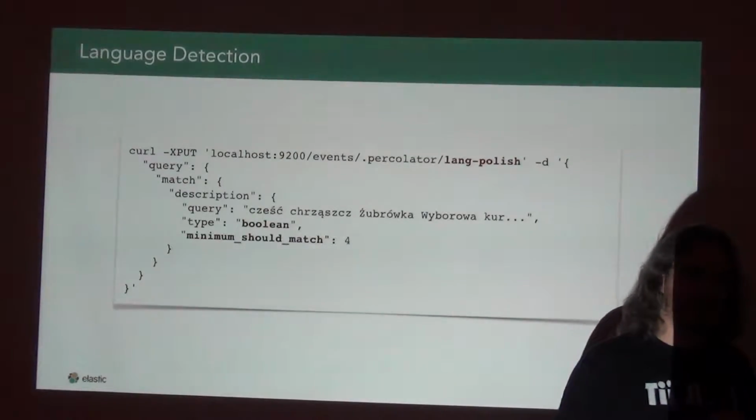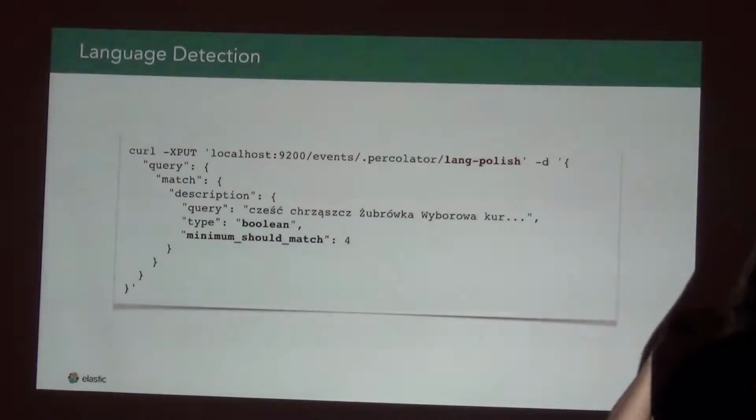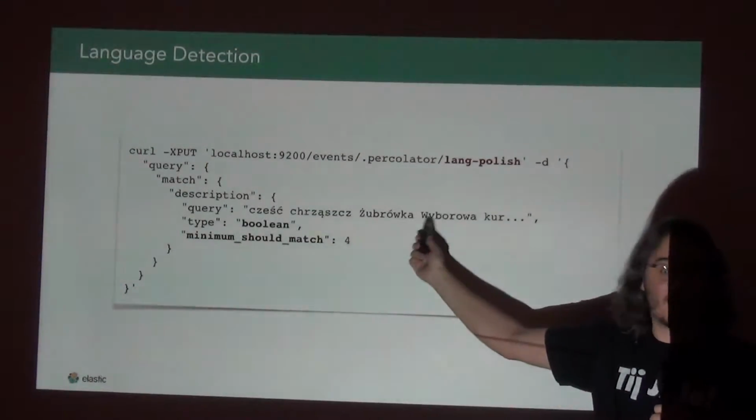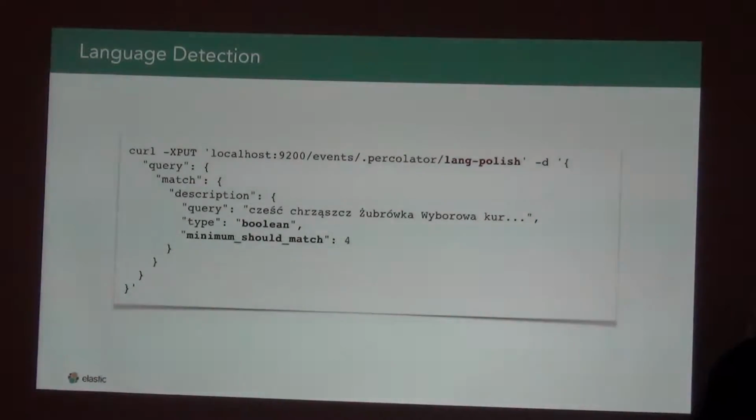We can safely say that this document is actually in Polish. So it is a very naive approach to language detection, but it actually works if you're able to identify those words. In Polish, it's very easy, but for other languages, it might be a little bit difficult.